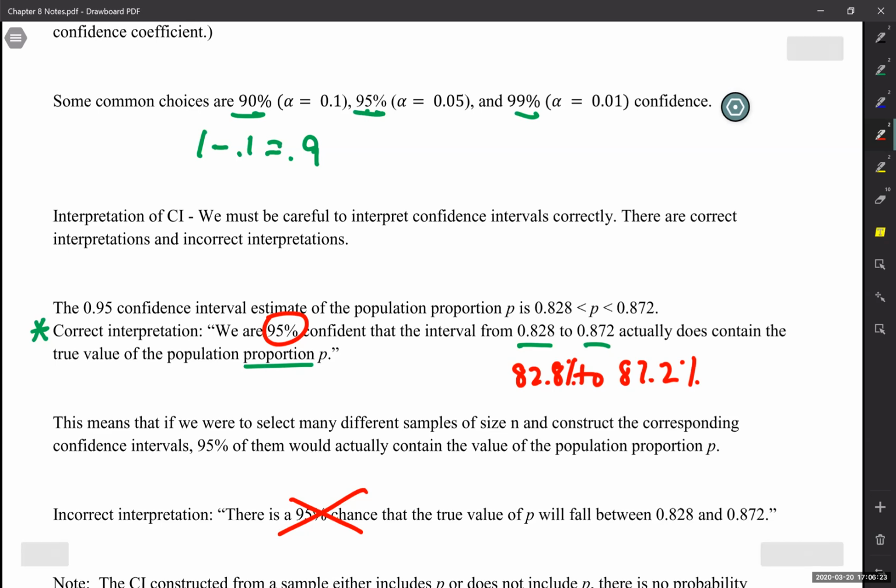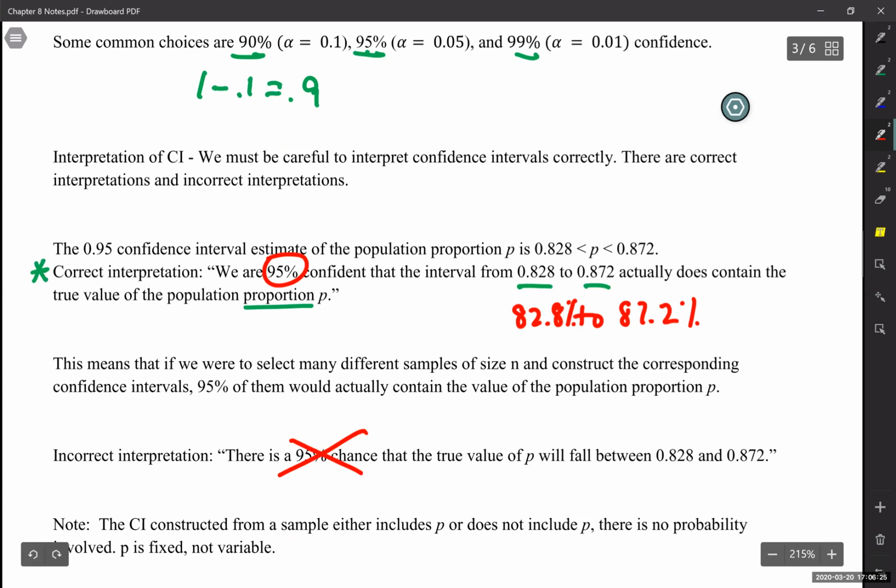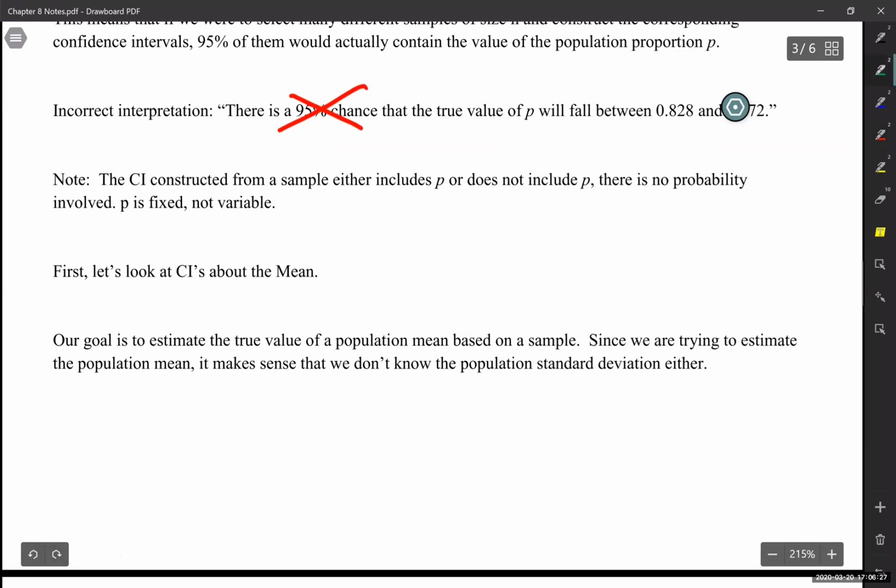And so in this video, we're going to be talking about confidence intervals about the mean. And so mean, X-bar, that's what we're going to be working on today.